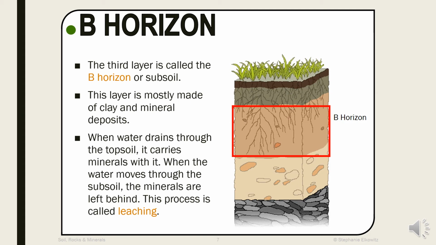The drainage of the minerals and the organic matter into the B horizon is called leaching. Leaching means the moving down of the minerals into the bottom part of the soil.